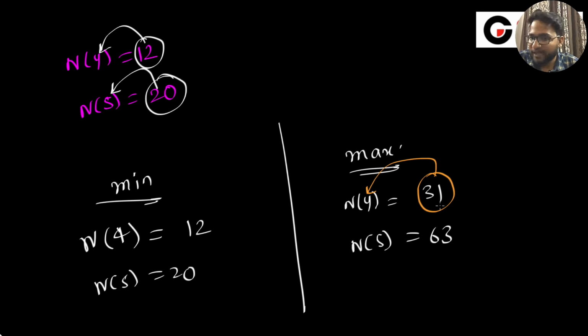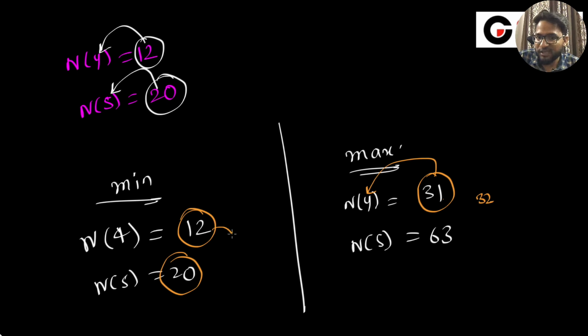This is the maximum number of nodes to fill height 4. So for 32, just by increasing one, you will be increasing to height 5, right? So this is saying that for height 4, you can at most fill 31 nodes. This is the maximum number of nodes. Here it is the minimum number of nodes.